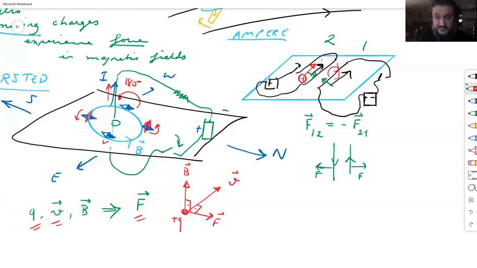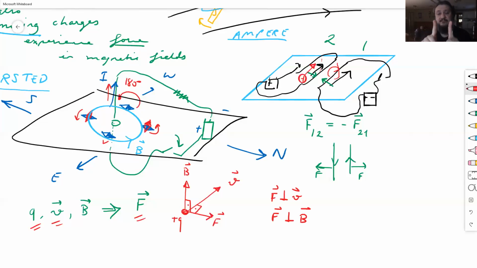This force will be perpendicular to both velocity and the magnetic field. What about the angle between the magnetic field and the velocity? In this particular example, it is also 90 degrees, but it doesn't have to be. In general, it could be actually any angle except 0.